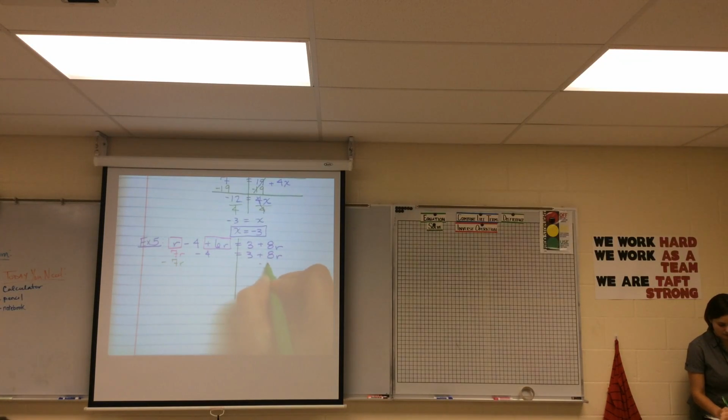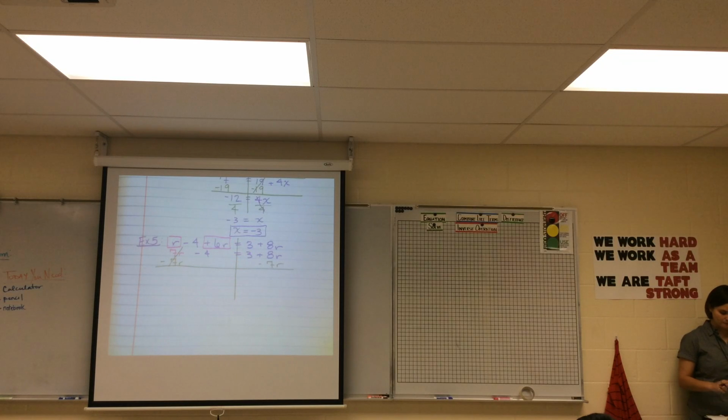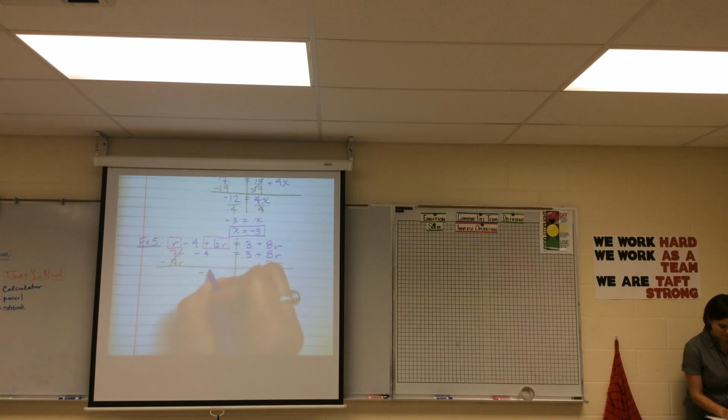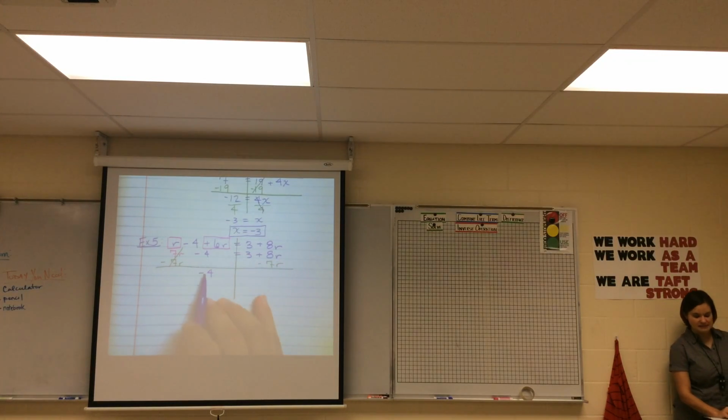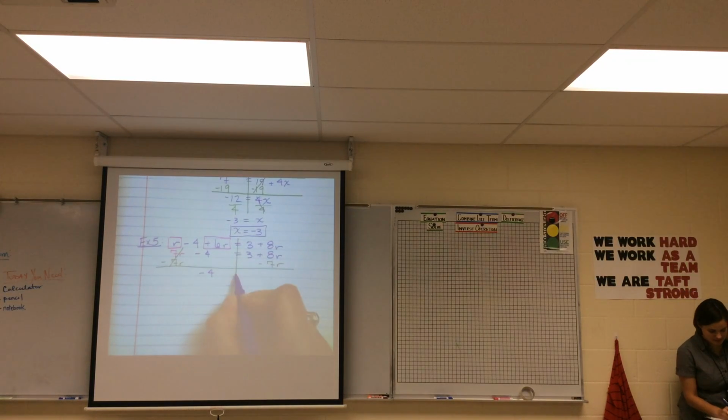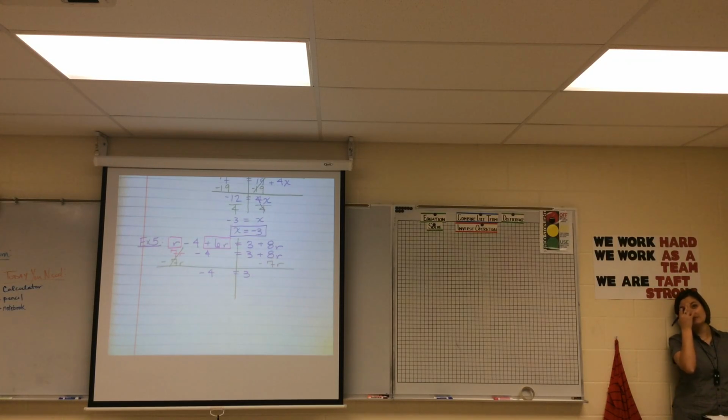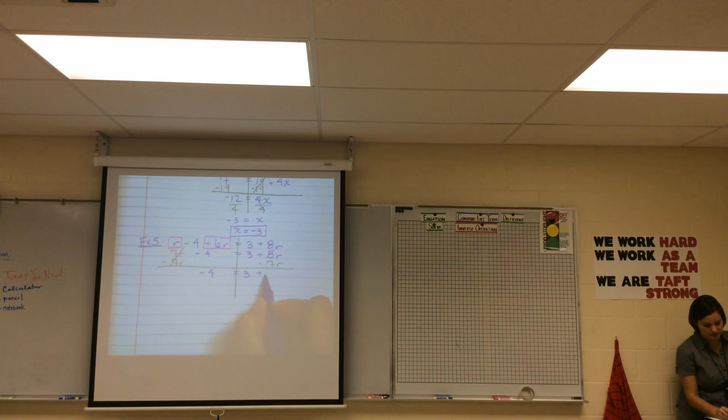Perfect. So 7r minus 7r cancel. So I have negative 4 on the left side. Be sure you bring that sign down with it. It's easy to leave it behind, right? Equals 3. Then 8r minus 7r is 1r.